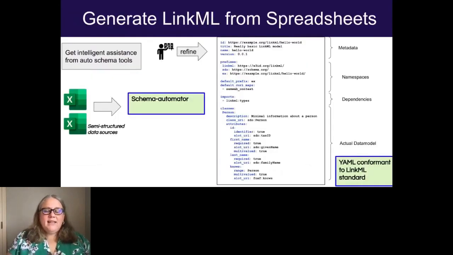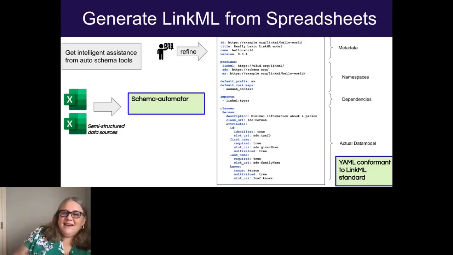Right. And you can also, I mentioned this before, generate LinkML from spreadsheets. So if I have that really simple Pacific Ocean data set and I don't know how to interpret all of the data, I can actually run it through a schema automator, which is what we provide from LinkML, and it's going to pop out a LinkML YAML from what it can infer from the data itself, and make you a base level schema that you can start with.